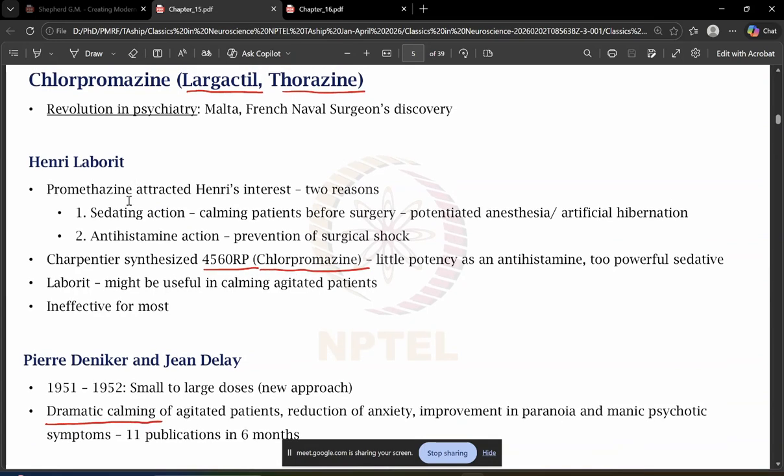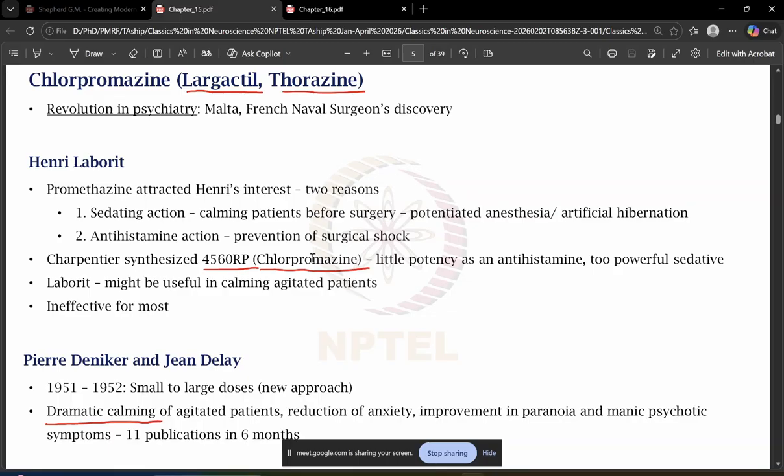He thought it would be good to have a drug which would calm patients before the surgery, which would have a sedating action and also an antihistamine action. He thought that the release of histamines was probably responsible for surgical shock.